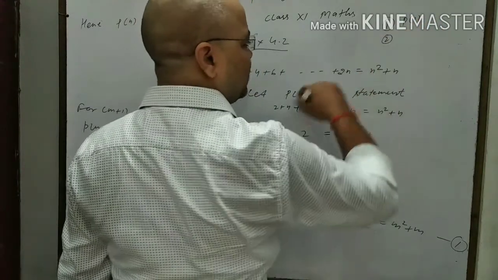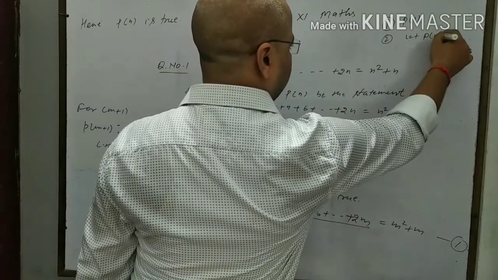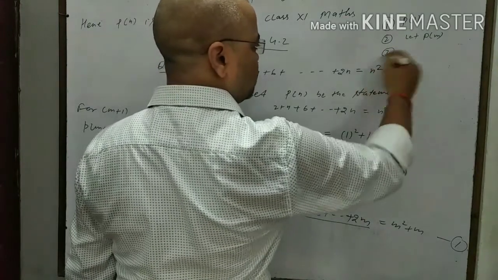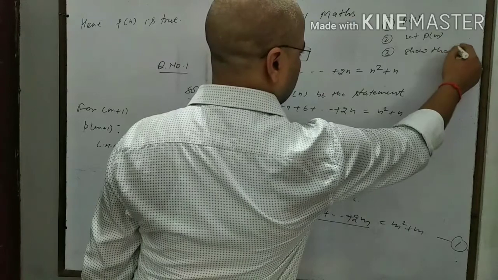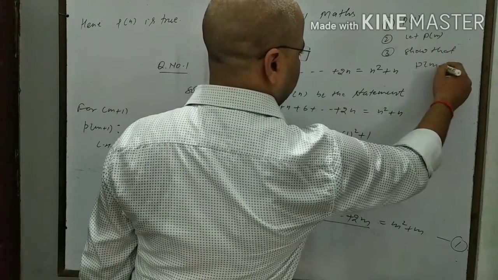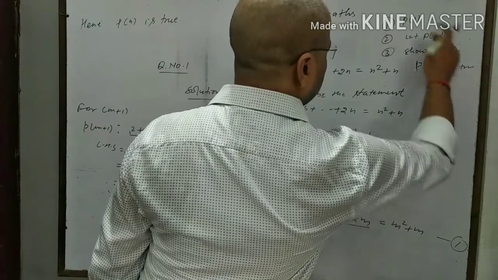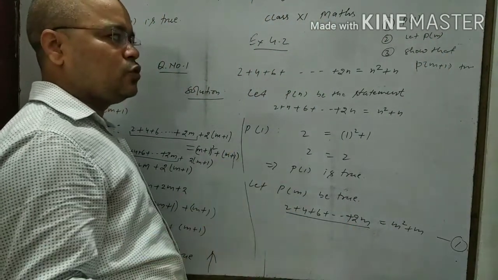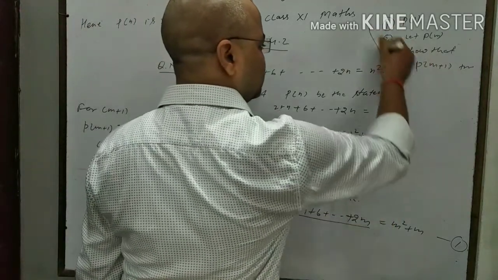In the second step, we just assume that Pm is true, and in the third step we have to show that Pm plus 1 is also true.